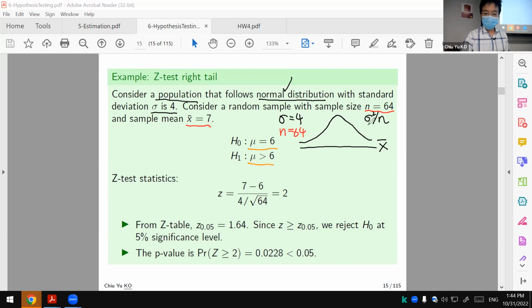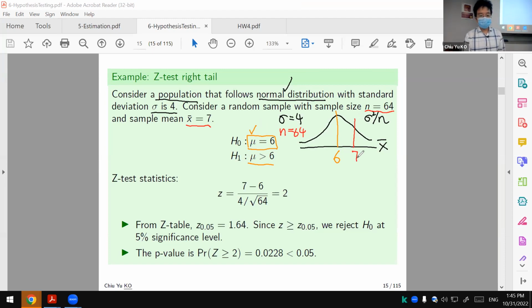Under this, assume this is true, so this should be 6. This is the assumption coming from the null hypothesis. This is a working assumption. What we have in the data is 7 here.